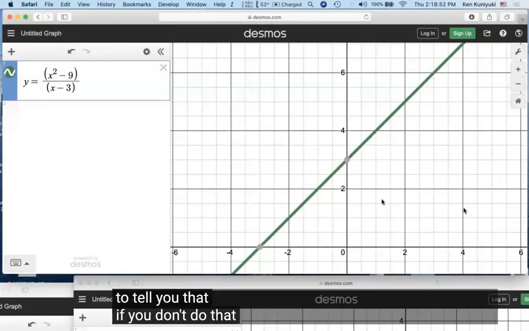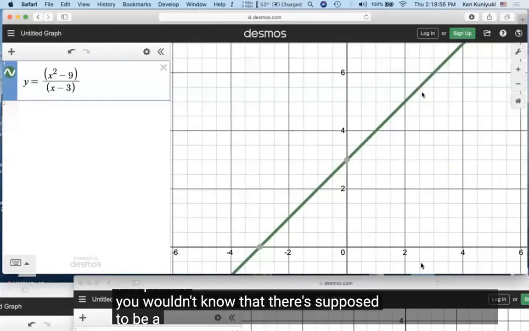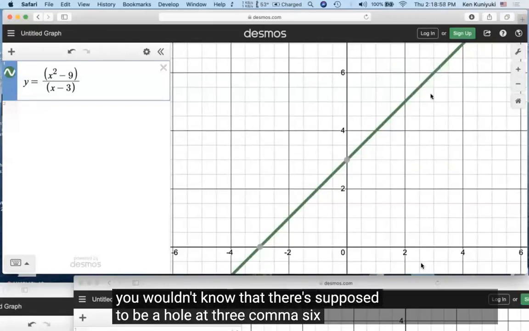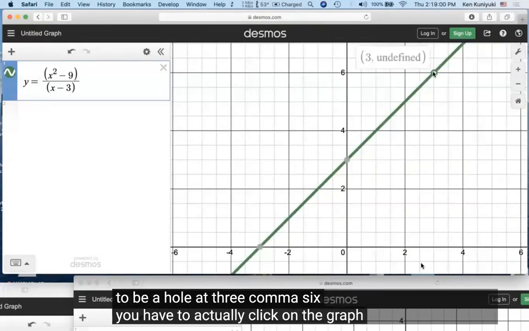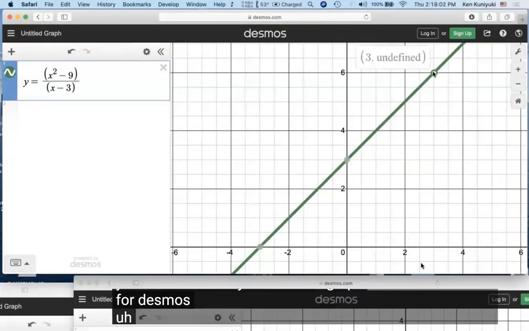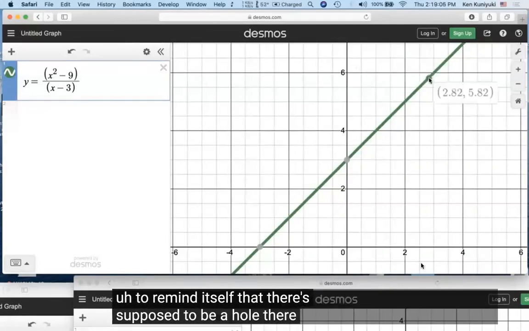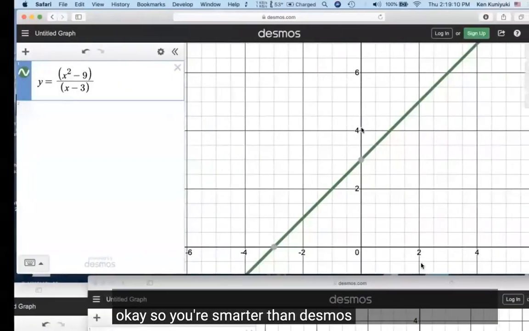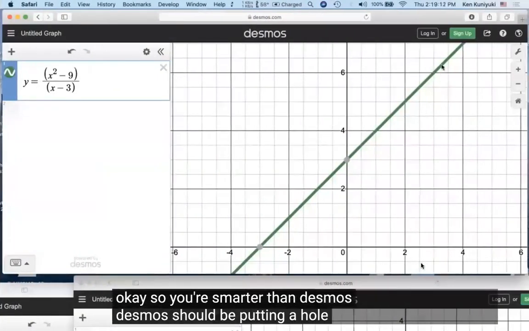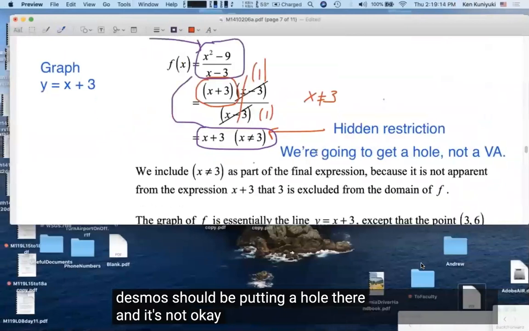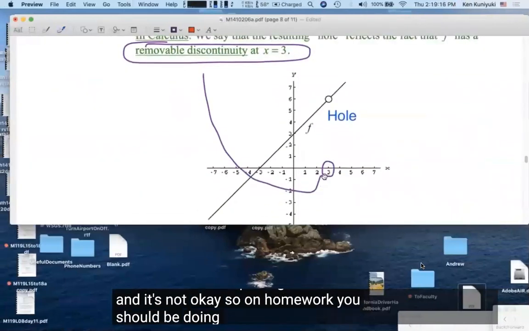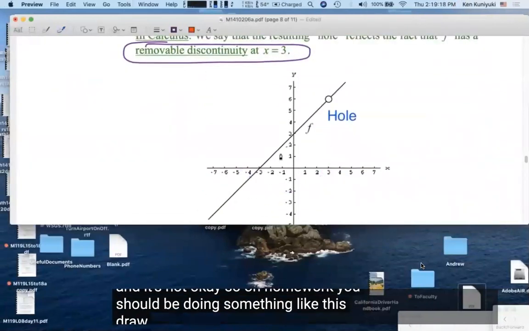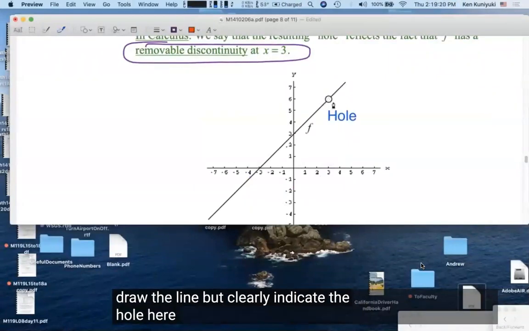If you don't do that, just by looking at this picture, you wouldn't know that there's supposed to be a hole at 3, 6. You have to actually click on the graph for Desmos to remind itself that there's supposed to be a hole there. Okay, so you're smarter than Desmos. Desmos should be putting a hole there, and it's not. So on homework, you should be doing something like this. Draw the line, but clearly indicate the hole here.